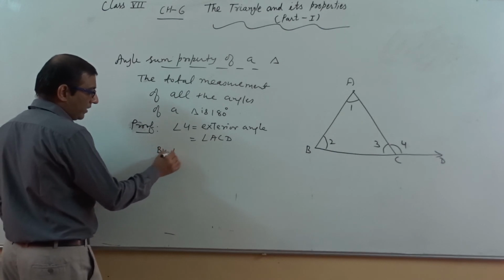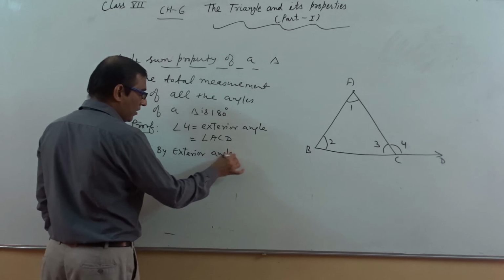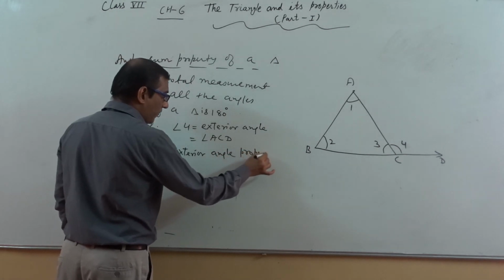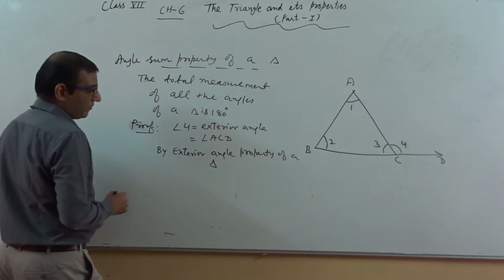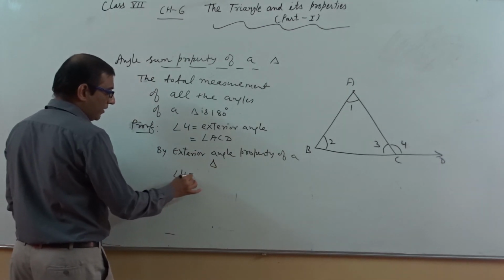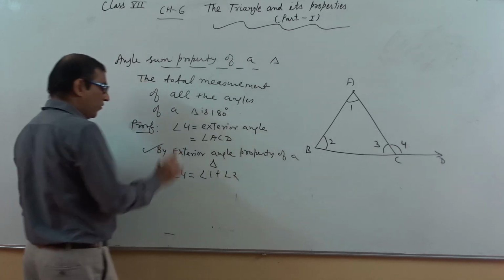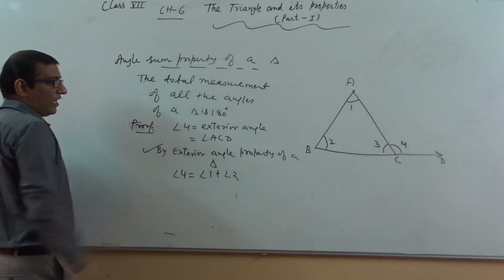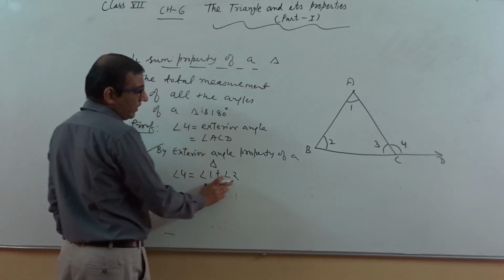So by the exterior angle property of a triangle, we can say angle 4 is equivalent to angle 1 plus angle 2, because as per the last concept, we know very well that the exterior angle is equivalent to the sum of its interior opposite angles.